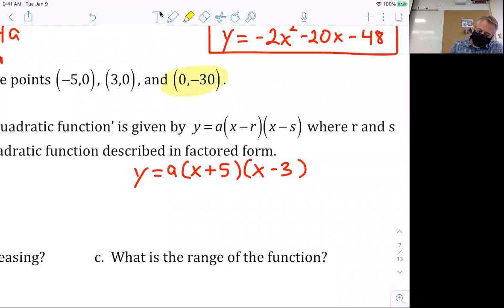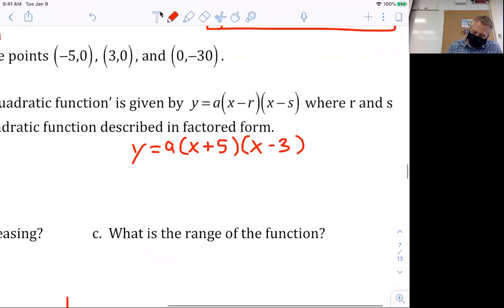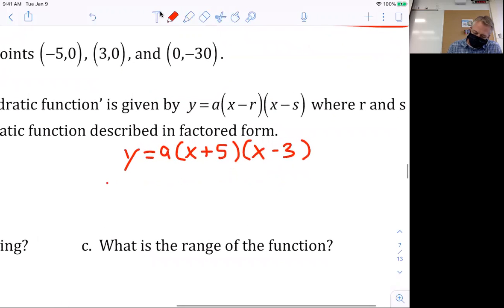But we have this point where if we plugged 0 in for x and negative 30 in for y, we could then find a. So I'm going to do that. Negative 30 is our y. We have a times 0 plus 5 times 0 minus 3.